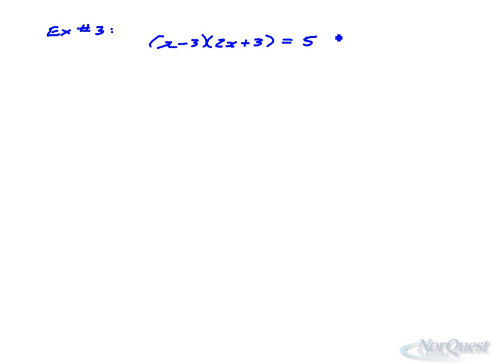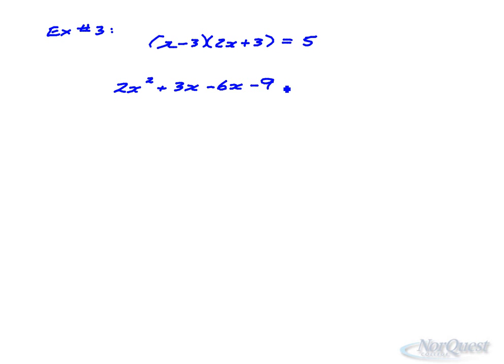Well, the way that we could do this is to expand the two binomials and then set it equal to 0. So x times 2x will give us 2x squared. X times 3 is going to be 3x. Negative 3 times 2x is minus 6x. And negative 3 times positive 3 is minus 9.